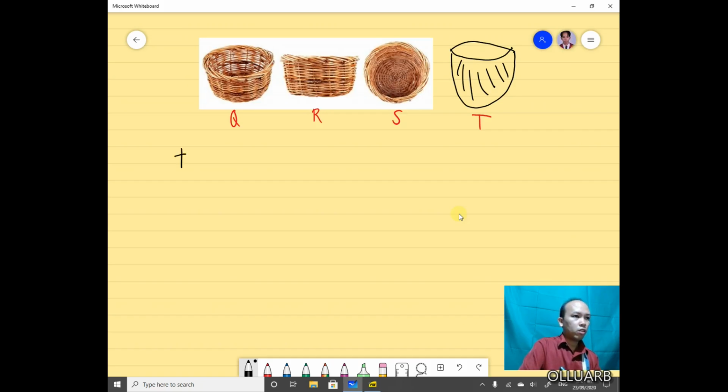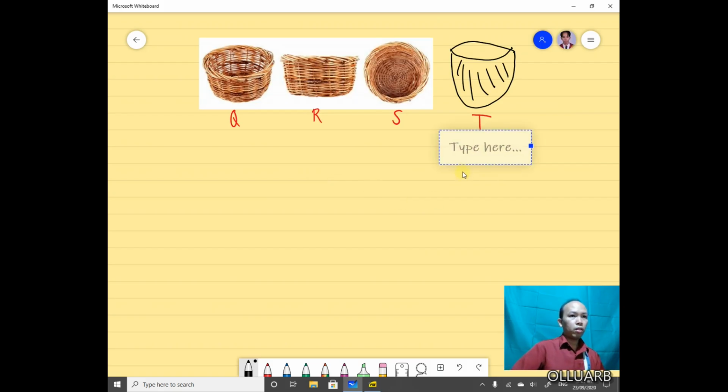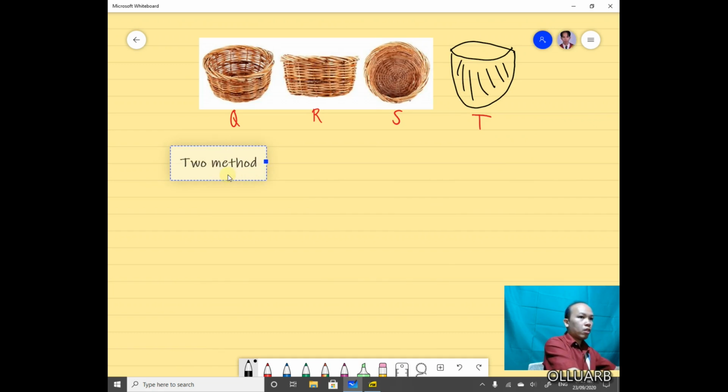I'm sorry, that's 2 methods or ways. Let's put here, two methods in describing sets.